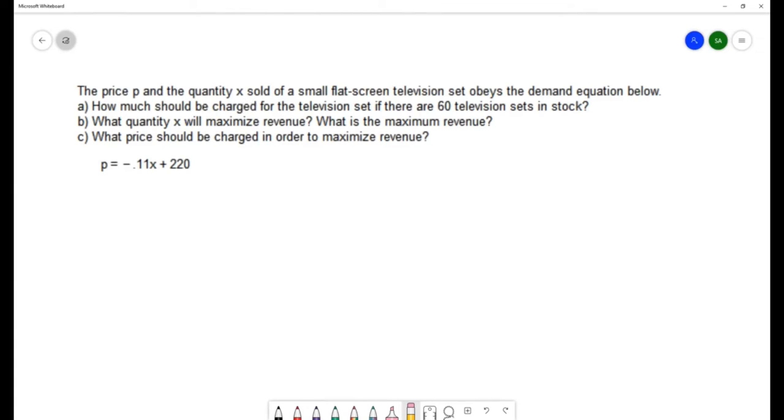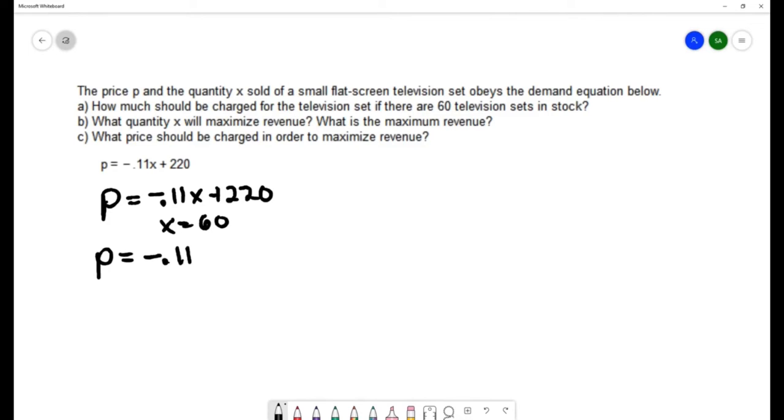So in part A, we're going to use the demand equation that was given to us, P equals negative 0.11x plus 220, and we're going to let the value of X be 60, and that will tell us the price that we should charge. So negative 0.11 times 60 plus 220. I'm going to bring up my calculator.